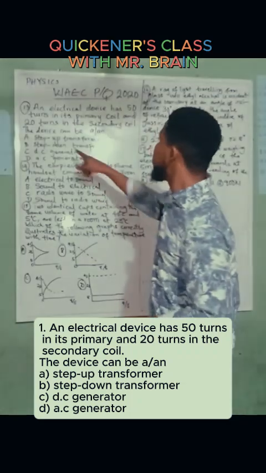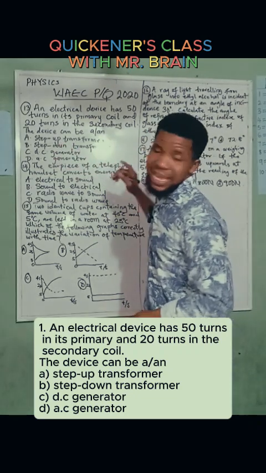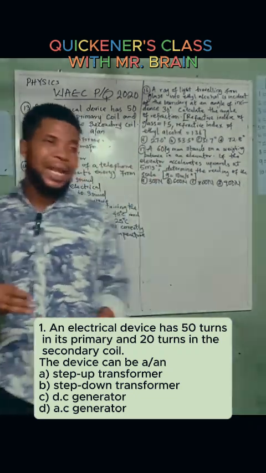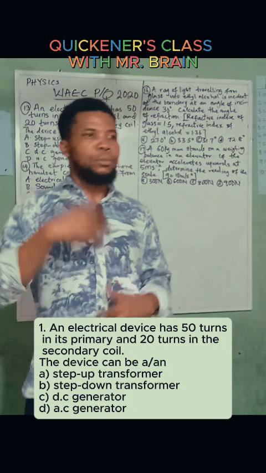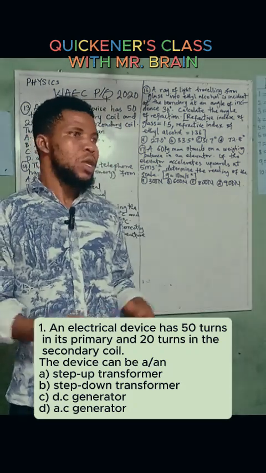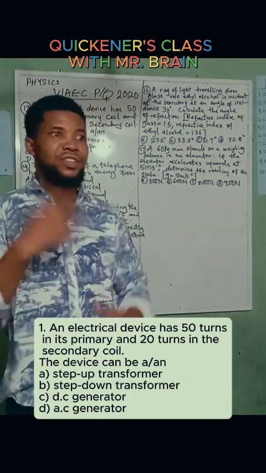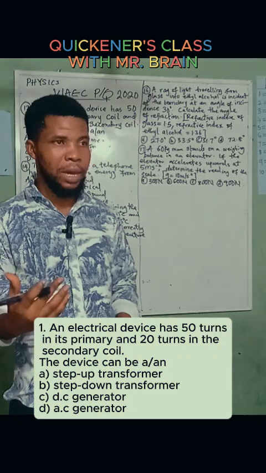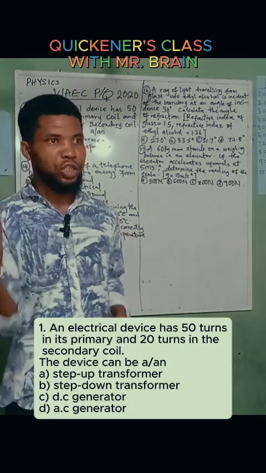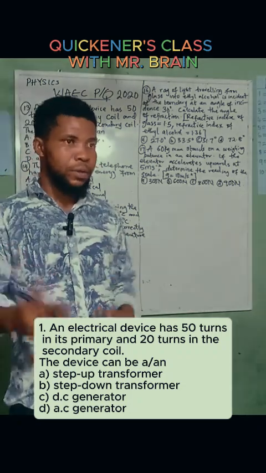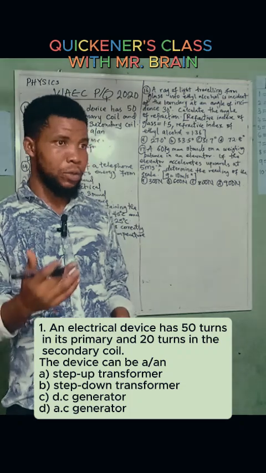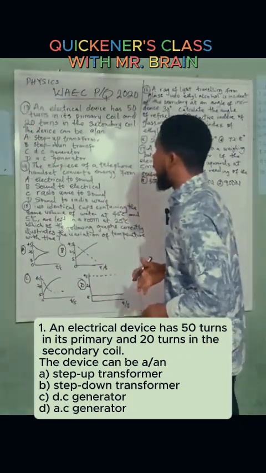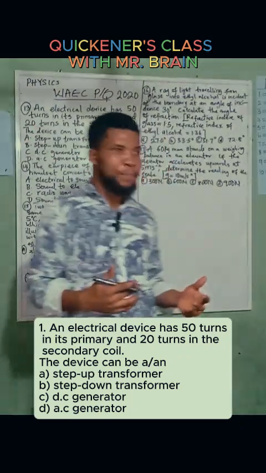Now, the step-up transformer is a transformer that will increase your output. If you take a very small output and increase it, that's why they call it a step-up transformer. So what are the outputs? The voltage and the power. So how will you do that?